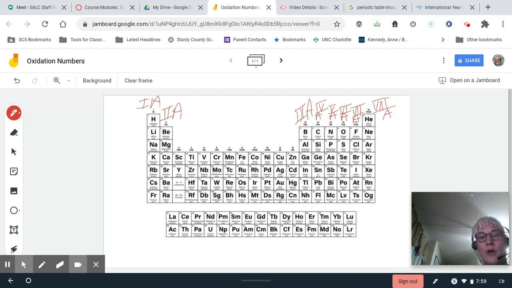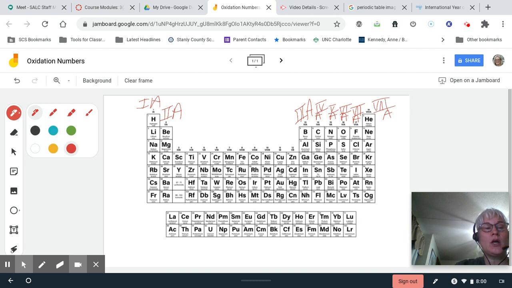Those are the numbers that you're going to need for what we're going to do. Those tell you the valence electrons, and they're also the numbers we're going to use to figure out charge for elements or atoms.